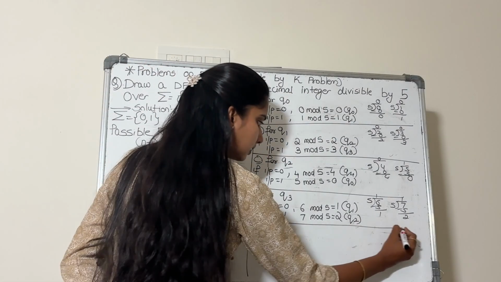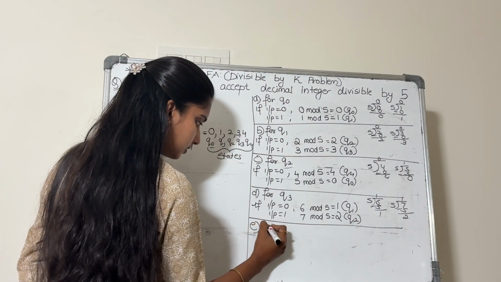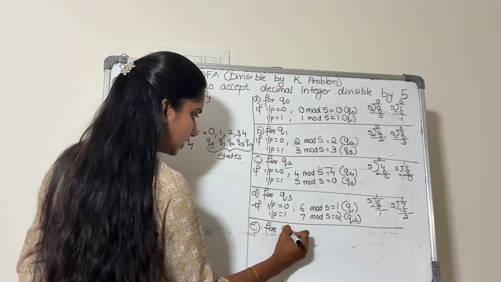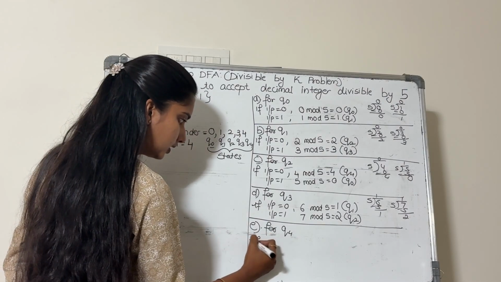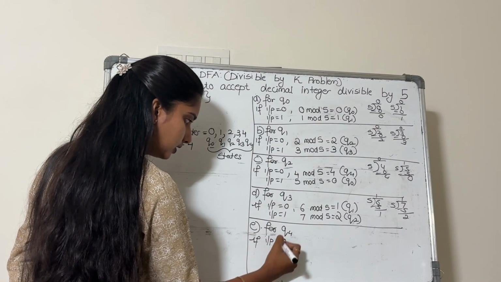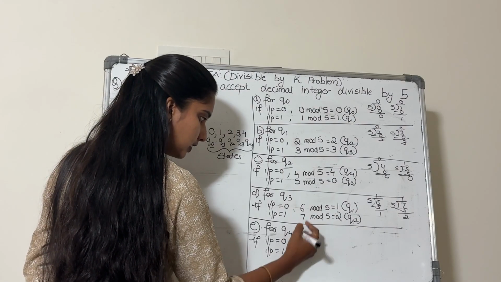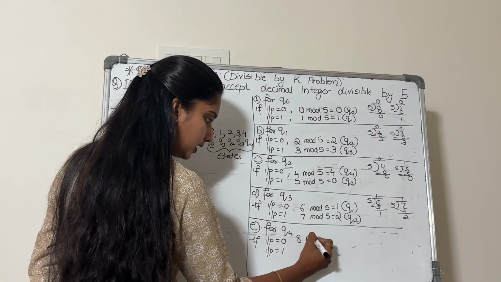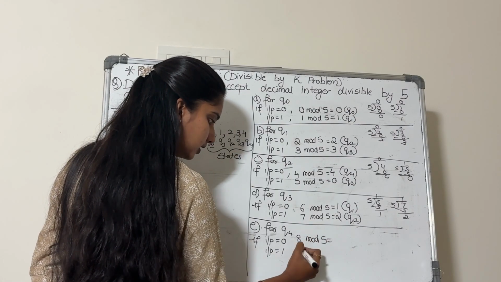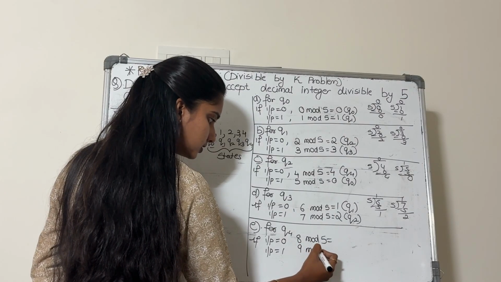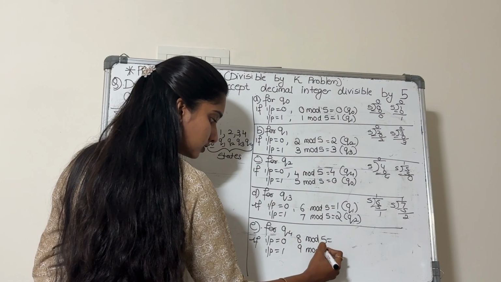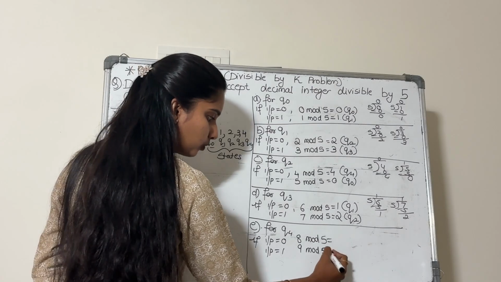Next, for the last state which is Q4, if input is 0 and if input is 1, same way. After 7 we will take a new number, 8 mod 5. Similarly, after 8 we will take a new number which is 9 mod 5.